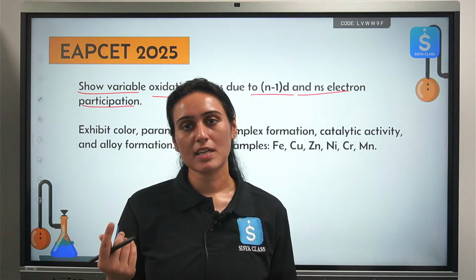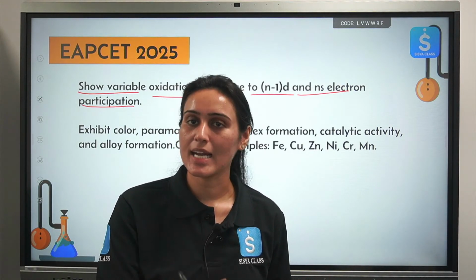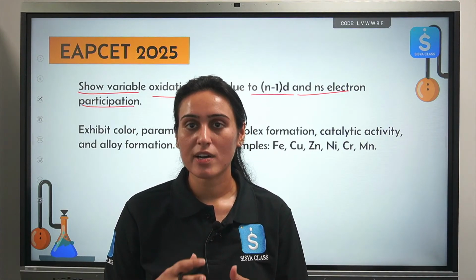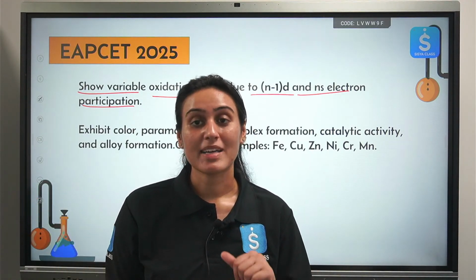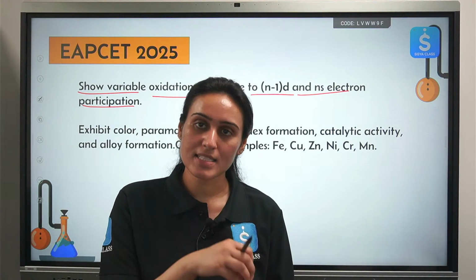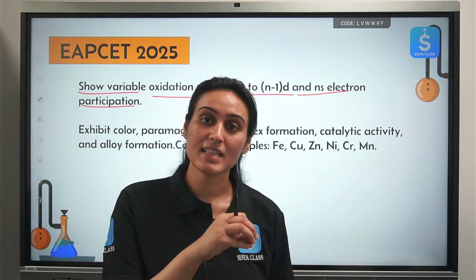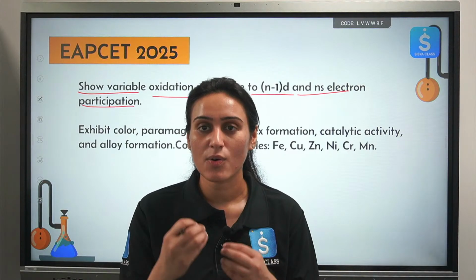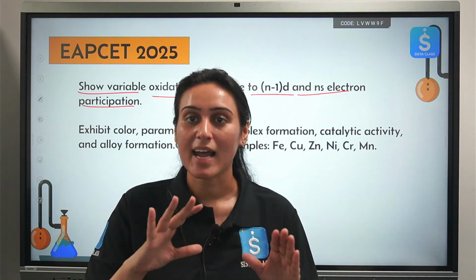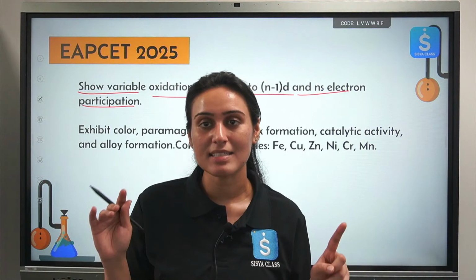In p block elements, your last electron enters the p orbital, so those electrons are involved in bond formation, your valence shell. But in case of d block elements, your electrons in ns orbital and n-1 d orbital, both orbitals are involved in bond formation. That makes it different from your s and p block elements.